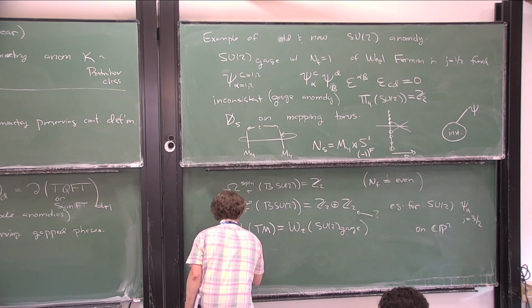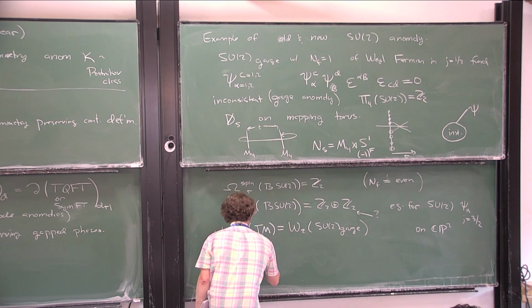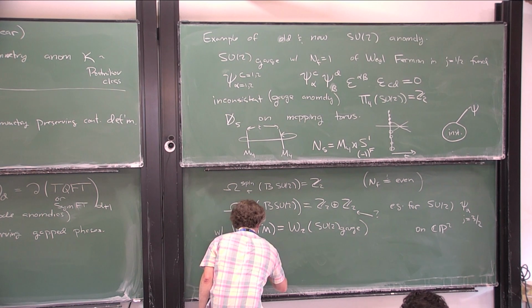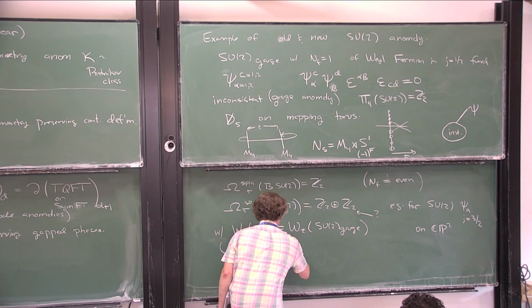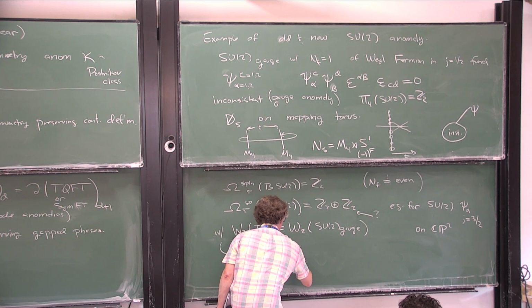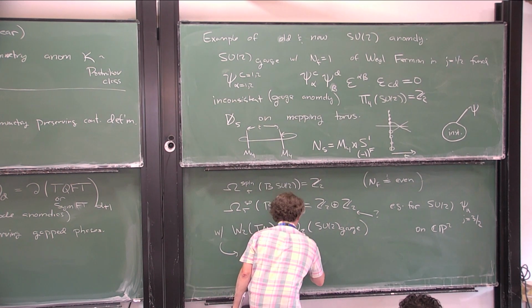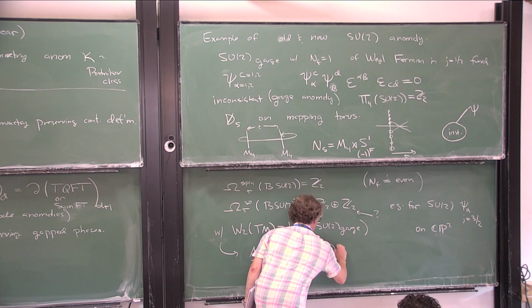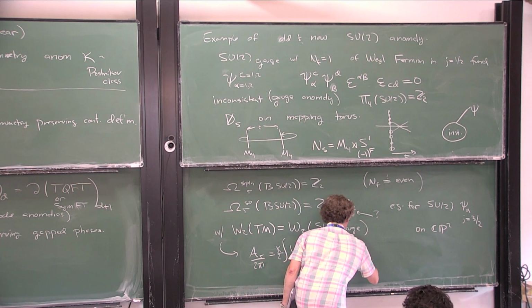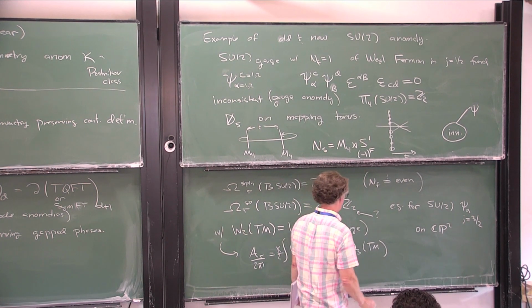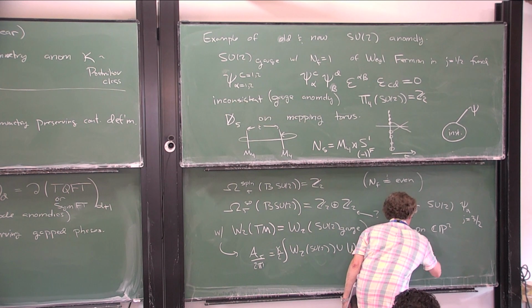So the theory actually has an anomaly, which is where the 5D theory has this w2 of the SU2 gauge bundle. And this is kind of an 't Hooft anomaly.